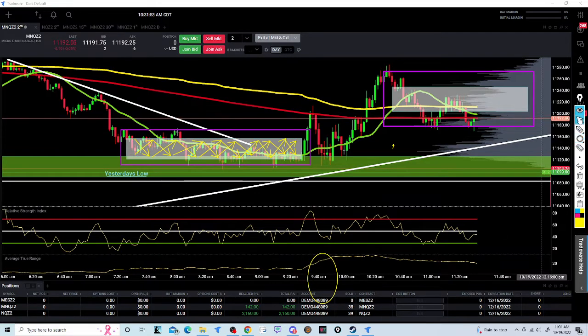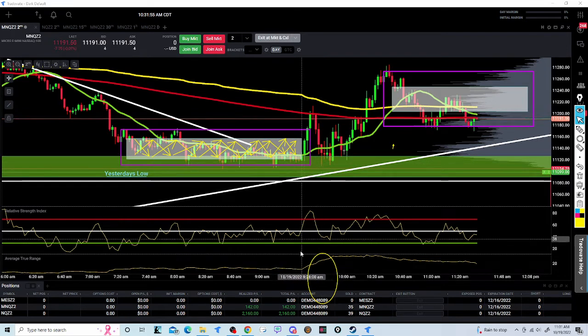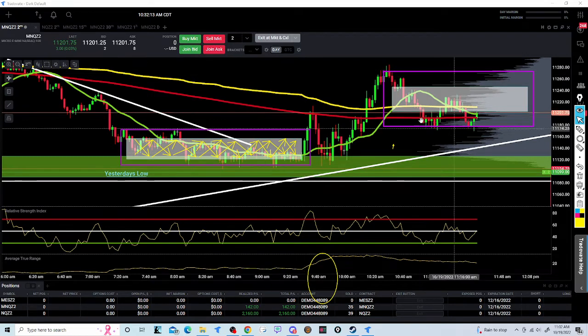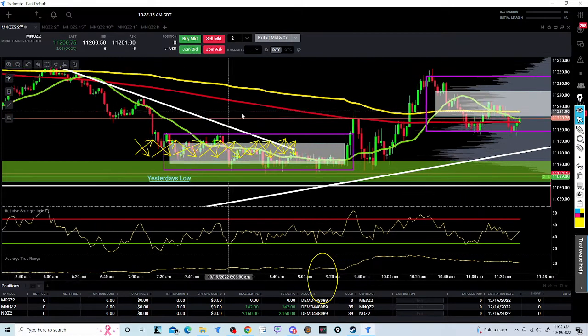If you look at the timestamp on my cursor down here, this bar was the opening bell bar. We have a specific strategy that we trade the opening bell with, and it's not the range. It's something different. I'm not going to add it in this video. Let's go ahead and identify another range.